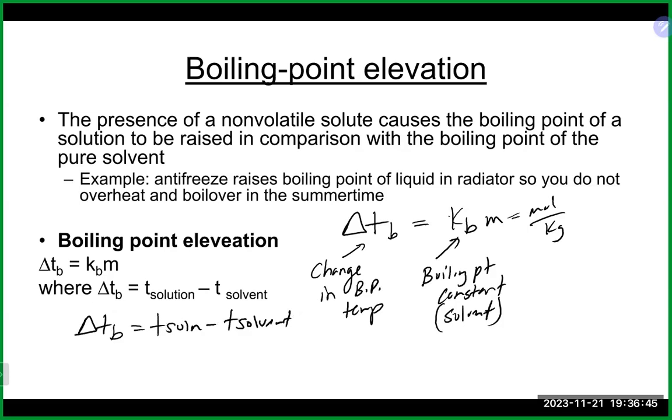This is going to be solution minus solvent. By the way, the temperature in all these usually can be left in degrees Celsius because the Kb and Kf are usually in units of Celsius. So a lot of times you're okay. You don't have to do any type of Kelvin conversion with these formulas. Any questions on that?